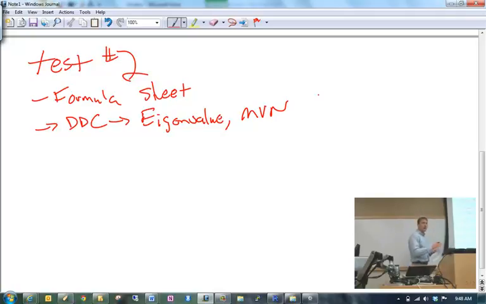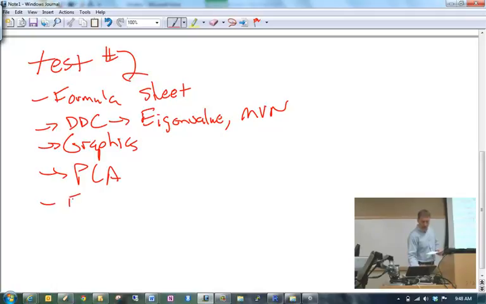You are responsible for that since you weren't tested on it before. Very small section. Then the graphics, principal component analysis, and then factor analysis. Nothing on cluster analysis for this particular exam.